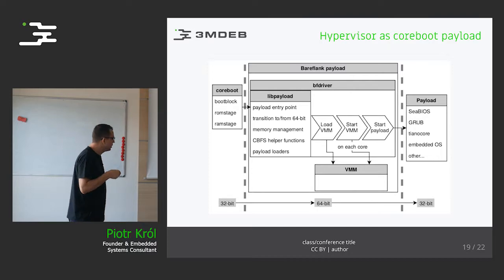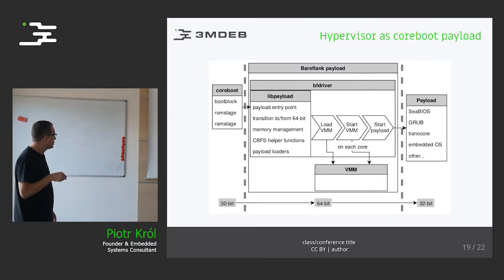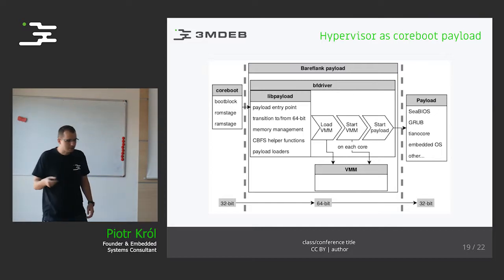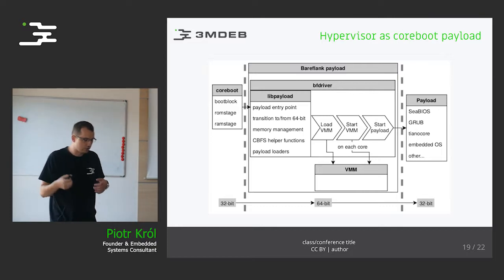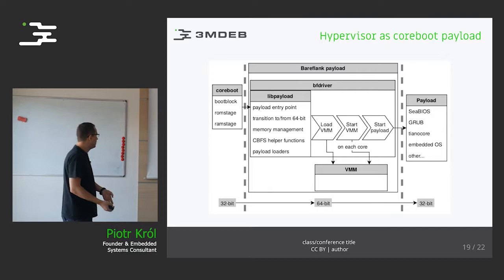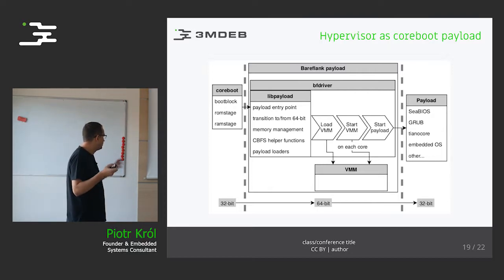It has memory management, so it can allocate memory for the virtual machine monitor, and it has the CBFS functions that help to get the code of the VMM from the SPI and can load the payload. That's why we need lib payload.